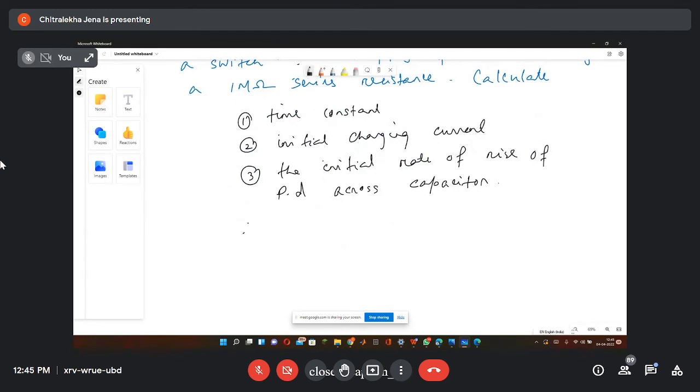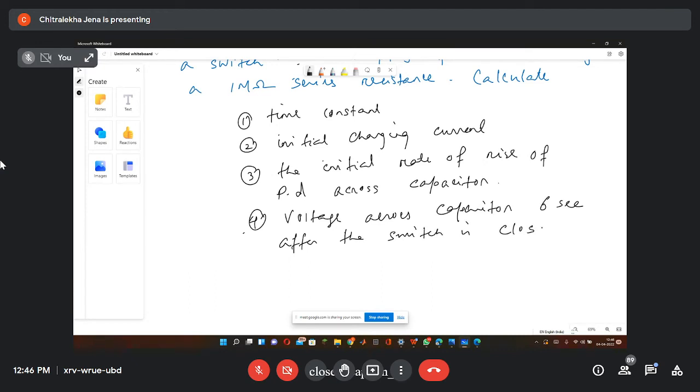Then number 4, voltage across capacitor 6 seconds after the switch is closed. Time taken for the capacitor to be fully charged.